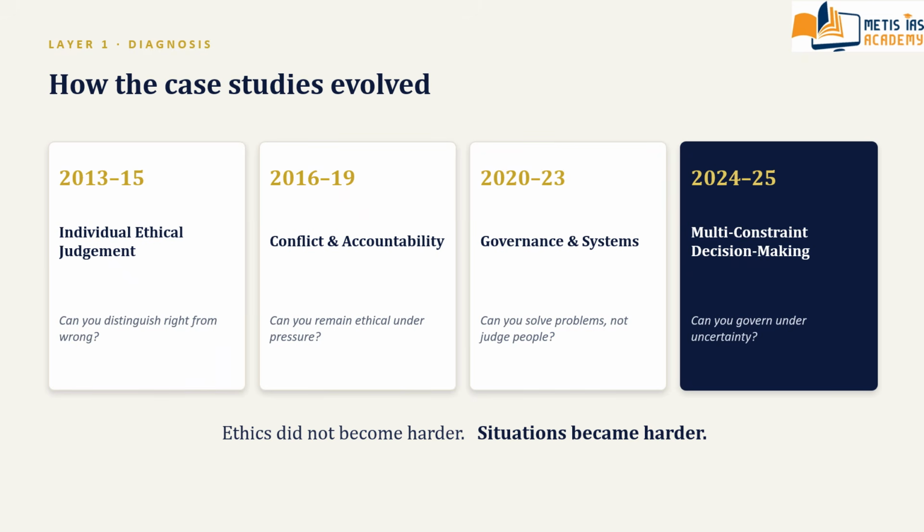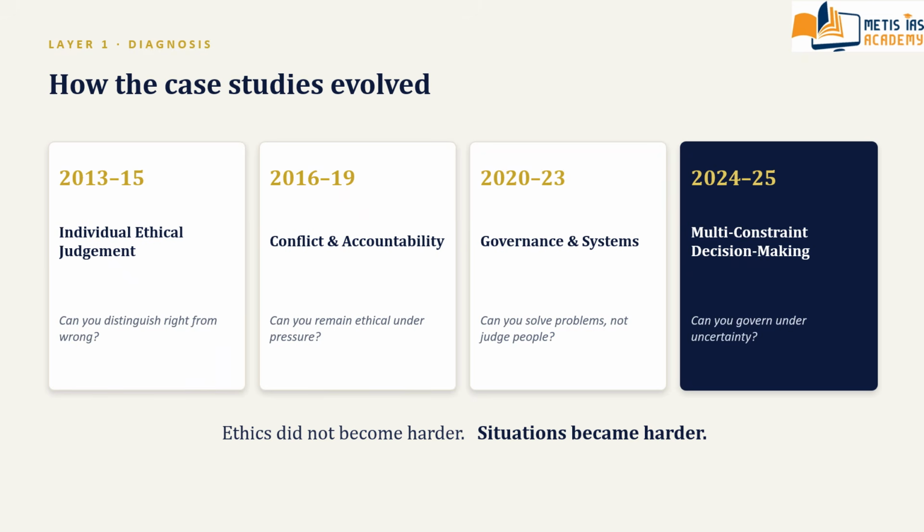Then we are moving to 2020 and 2023. This phase is called governance and systems. The system has changed dramatically from this phase. The questions ask: can you solve public problems instead of judging people?